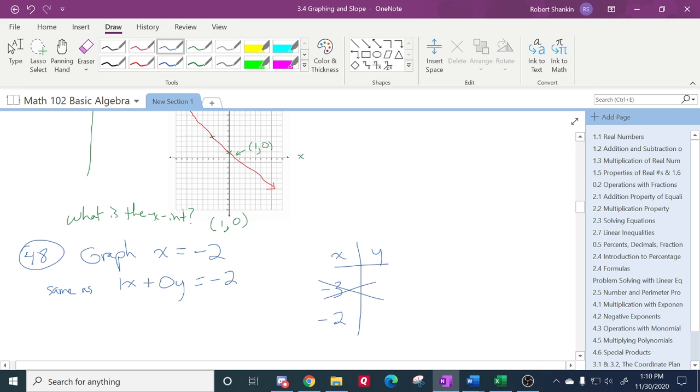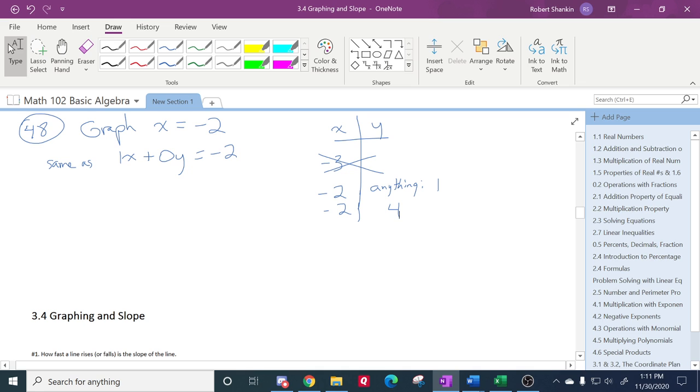But if you pick -2 for x, you can pick anything you want for y. For instance, you could pick 1. You could pick 4. You could pick any kind of number you want.